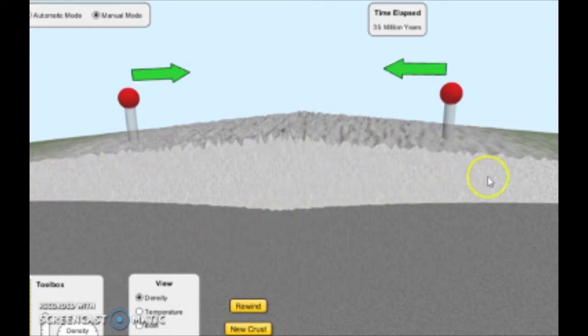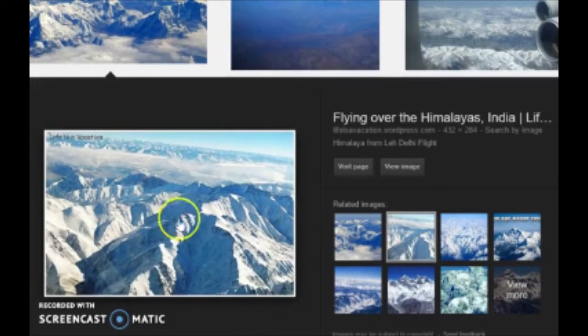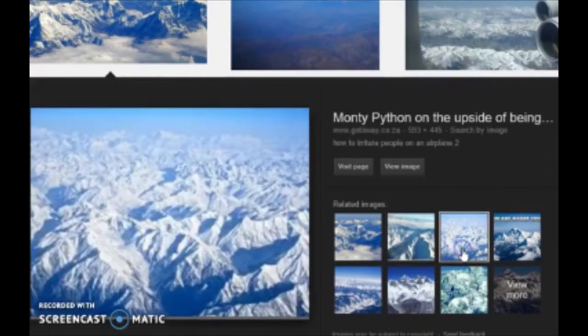So this is a continental plate and a continental plate. This is what we actually see on the surface of the earth. This is the Himalayan mountains, and it looks very similar to what that simulation was showing us. Okay, just endless little mountains. And when you see them like this, you start seeing them as little wrinkles in that plate as it crashes together.